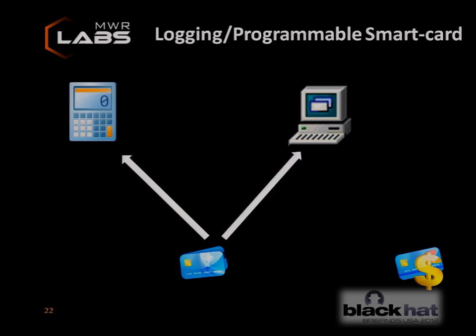In the next step, we plug it back into our PC. To this PC, we have a valid card, a valid credit card, connected as well. And the PC will now replay all the requests it has seen from the payment terminal back to the valid card and store the responses it sees from the valid card onto our basic card.